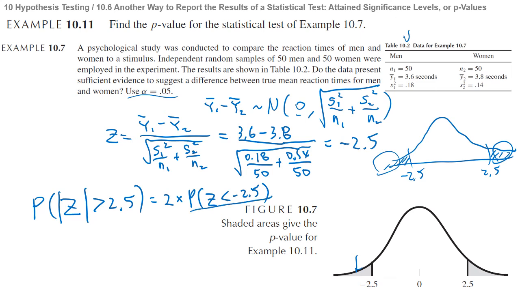We can calculate this probability by using the R command pnorm(-2.5). Multiplying that by 2 will give you about 0.0124, and so this should be your p-value.